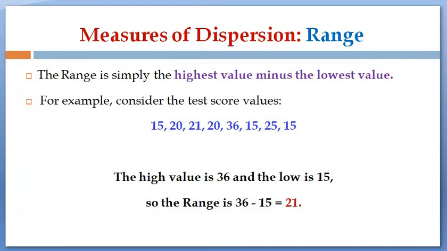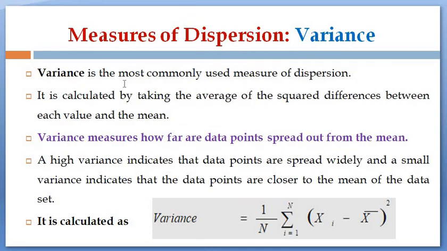Coming to the variance, the second form of dispersion. Variance is the most commonly used measure of dispersion. It is calculated by taking the average of the squared differences between each value and the mean.